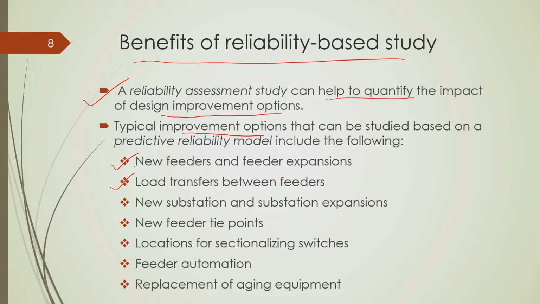We can also take the proper strategy for load transfer between the feeders. We can take proper planning tools for new substation design and substation expansion, for developing new feeder tie lines, for locating the sectionalizers, for feeder automation and replacement of aged equipment.